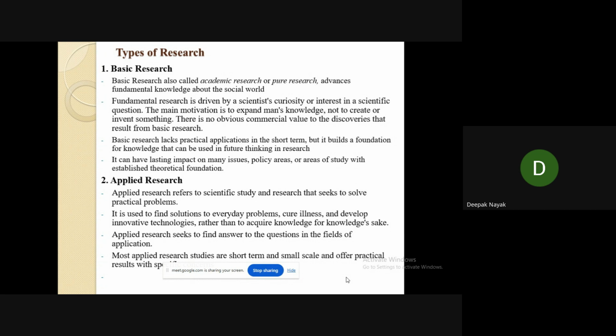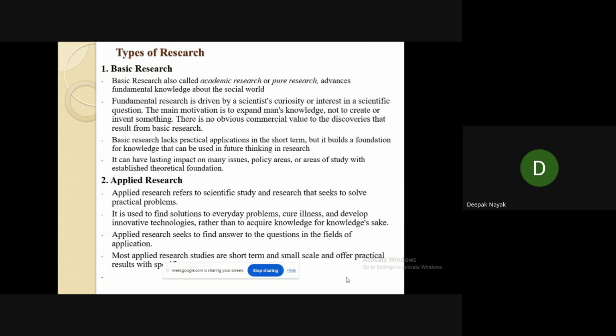The fundamental goal of research is to gather knowledge, organize it, and add to the storehouse of knowledge. Here in basic research, what happens?